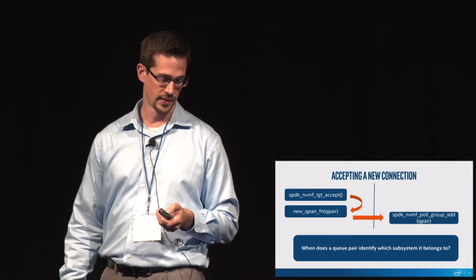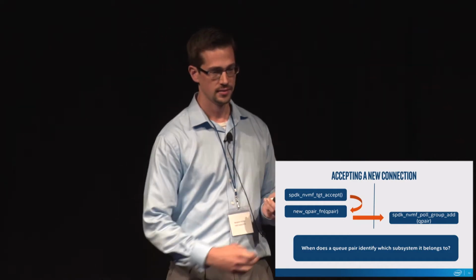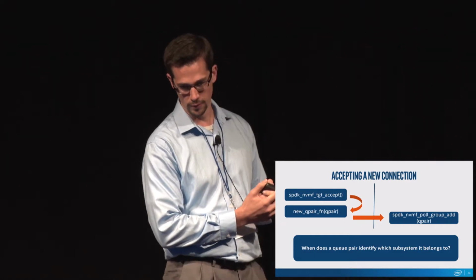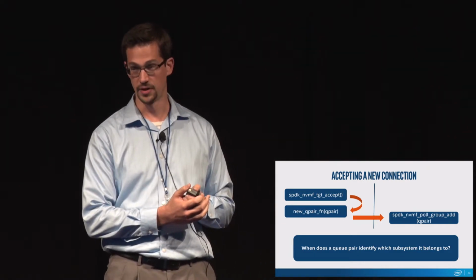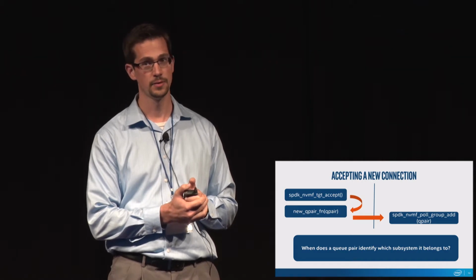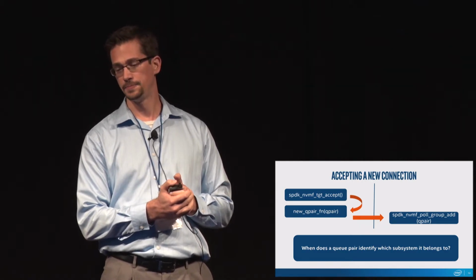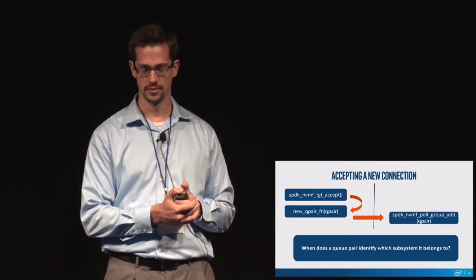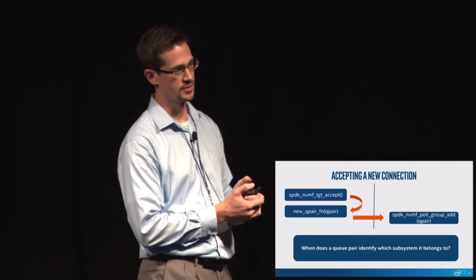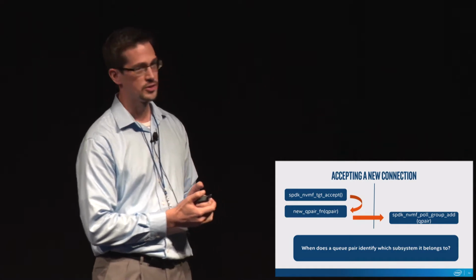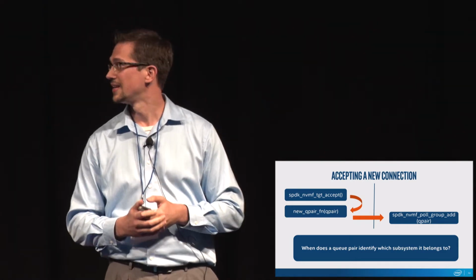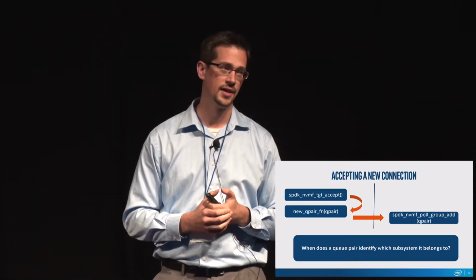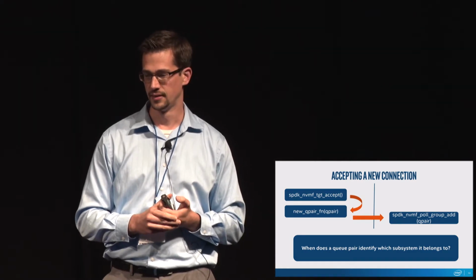Okay, so here's a little overview of what happens when a new connection arrives in NVMe Fabrics. SPDK defines a top-level function called accept. It's on the target. You periodically poll the target, saying accept new connections. You can do this from any thread.